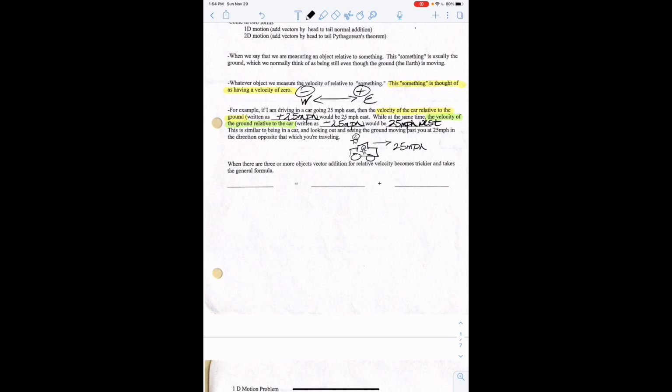And so what we have is a formula that I sometimes refer to as the sandwich formula.